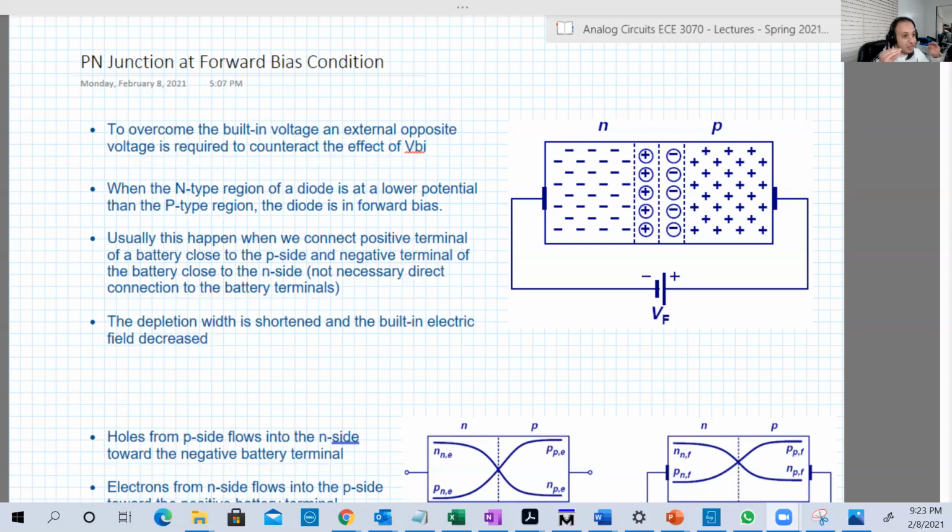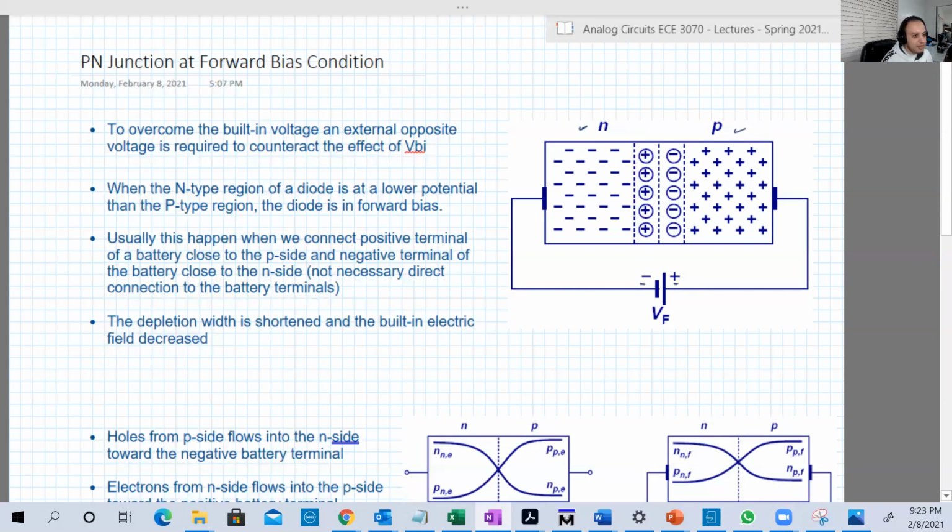So we studied open circuit, reverse bias, and now the only available option is forward bias, in which we connect the positive terminal of the battery to the P side and the negative terminal of the battery to the N side. And why is that?